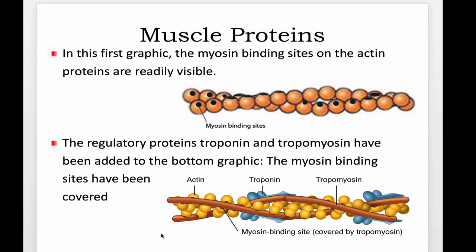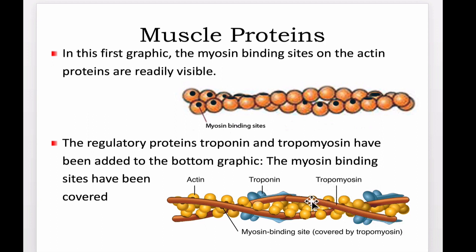In this bottom graphic, they've been added and superimposed in a realistic way on top of actin. And what they do is they block the myosin binding sites. They cover them so that at rest, a muscle has its myosin binding sites blocked, so myosin and actin are not interacting. There are two proteins that do this, troponin and tropomyosin.